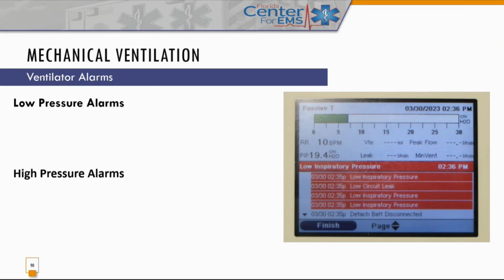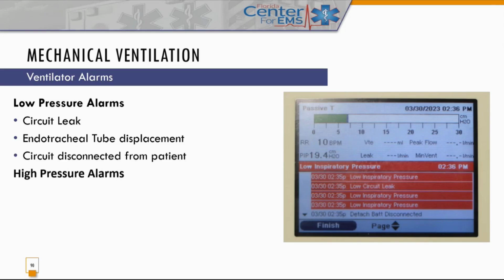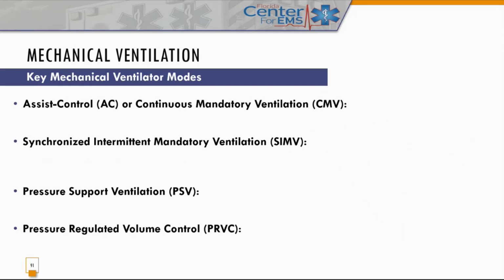I was always taught when a patient's ventilator goes into alarm, the best thing to do is take them off the vent real quick and bag them until you figure it out. So we're looking for those problems right off the bat that we have to correct as soon as possible. So I mentioned all of that.